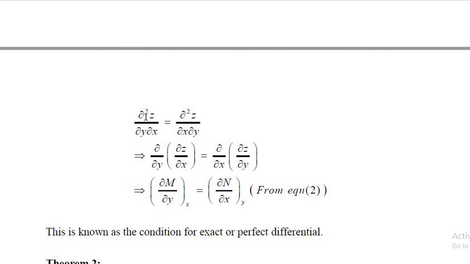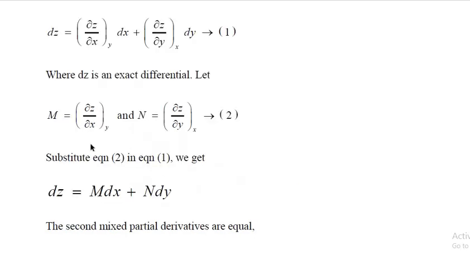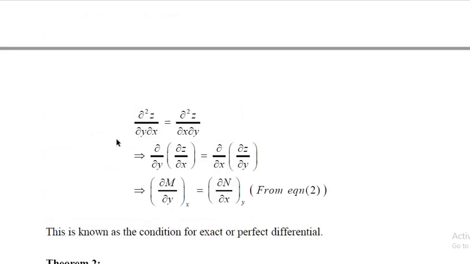So this dou square z I can write as dou into dou z, and I am going to split this into dou y and dou x. So dou by dou y into dou z by dou x is equal to dou by dou x into dou z by dou y. But what is dou z by dou x? It is capital M. If you see equation 2, dou z by dou x is capital M and dou z by dou y is capital N. So you can substitute that.